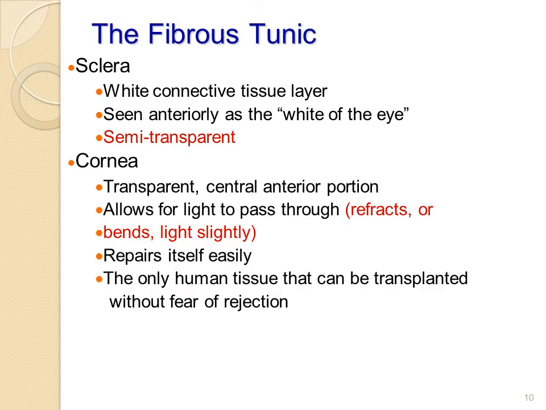Now, the fibrous tunic consists of the sclera and the cornea. The sclera is dense connective tissue, seen anteriorly as the white of the eye, and it is semi-transparent, while the cornea is transparent and found in the central anterior portion.